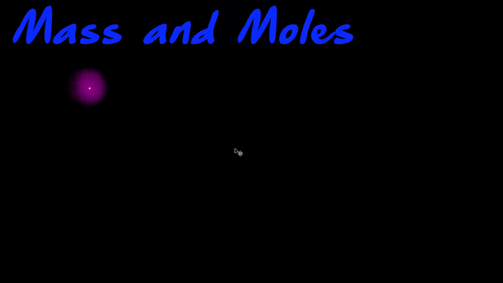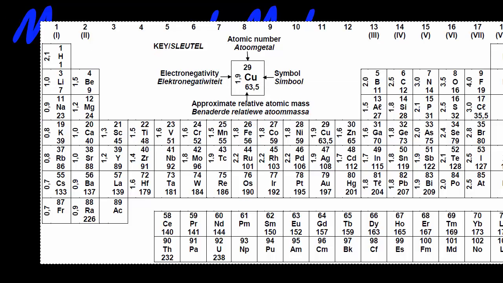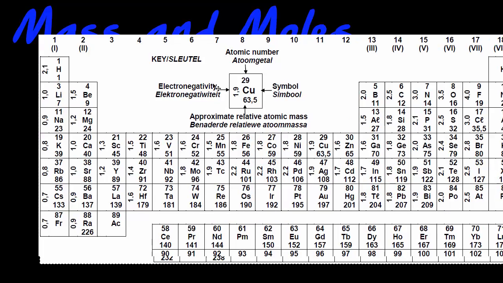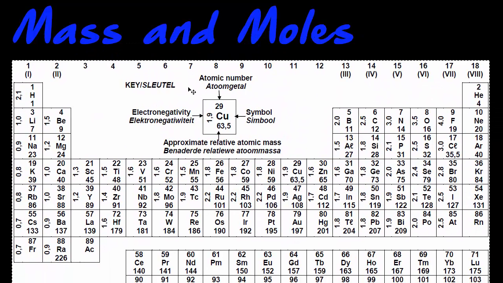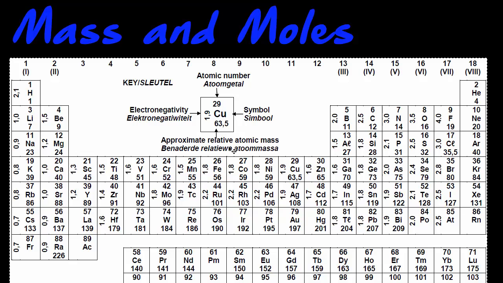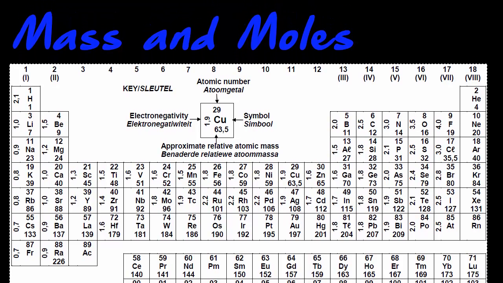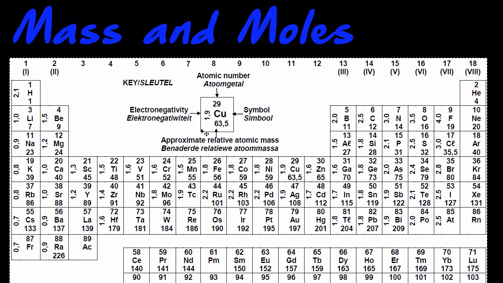So if we look at our periodic table, here's our periodic table. The approximate relative atomic mass is at the bottom in this periodic table. I want to explain where this atomic mass comes from and what it really means.